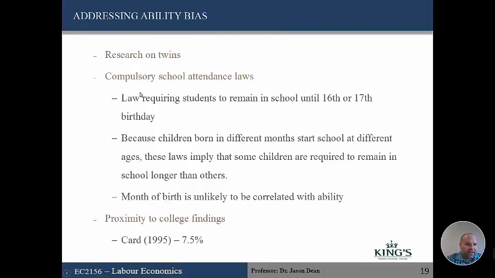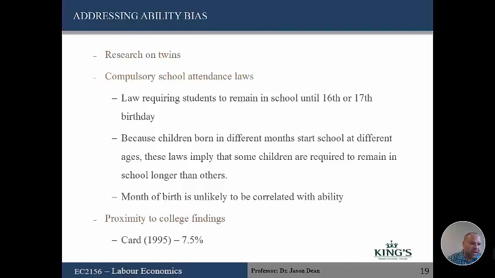Another study looked at compulsory school attendance laws. Here you have a law stating that students have to remain in school until their 16th or 17th birthday. Since children who are born in different months would start school at different ages, you have variation in years of schooling that has nothing to do with ability.